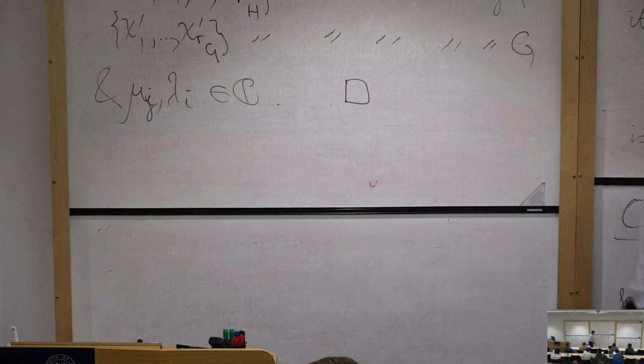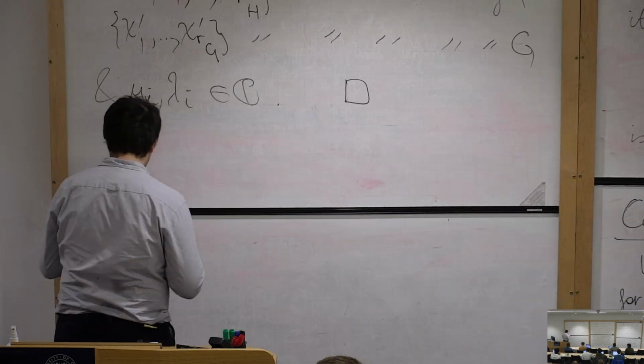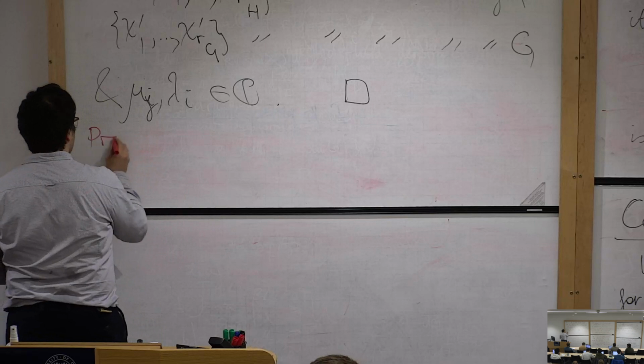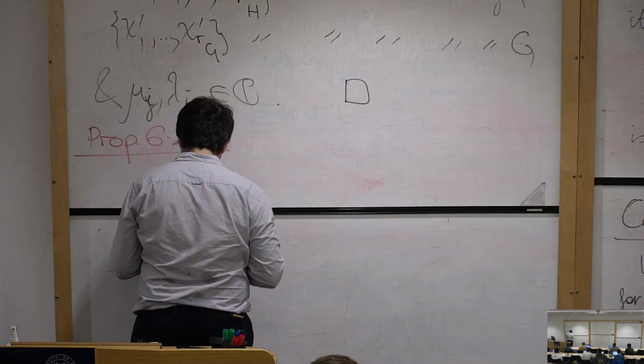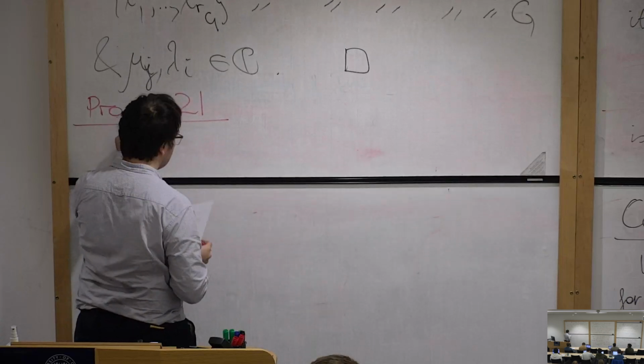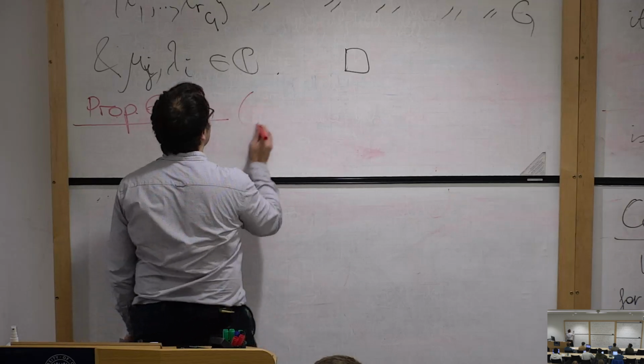I've told you how random elements of the big group act on the induced representation, and they were acting in a way that commuted with the direct sum decomposition of the induced representation in a controlled way. So what I'm interested in in this proposition is to compute the restriction to N of an induced representation.